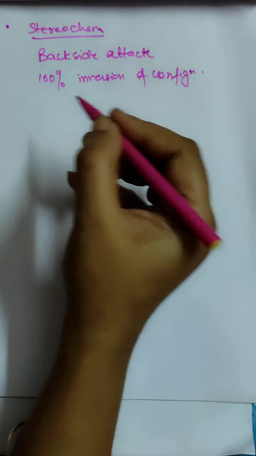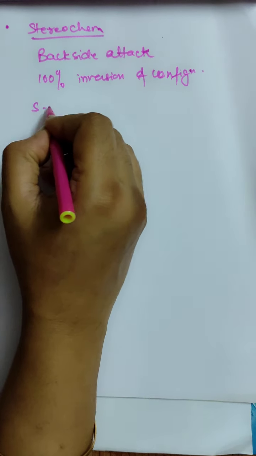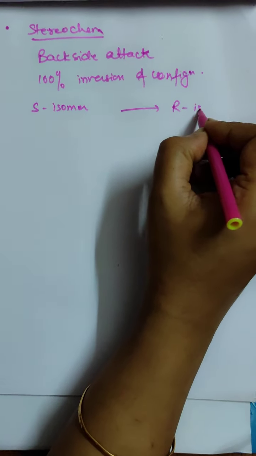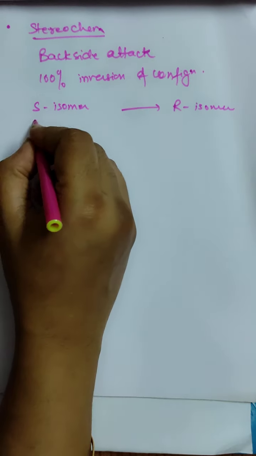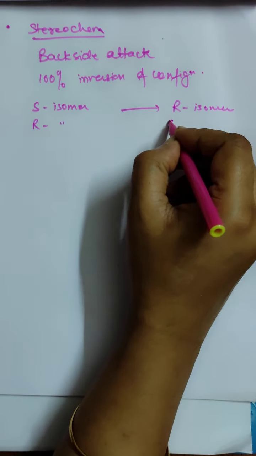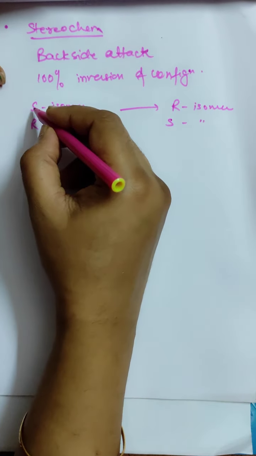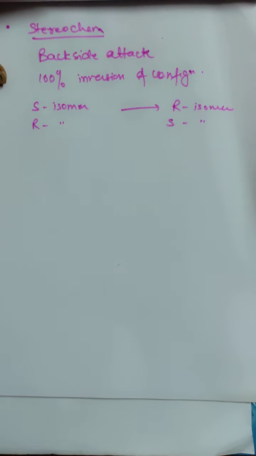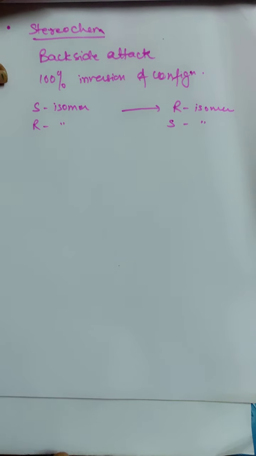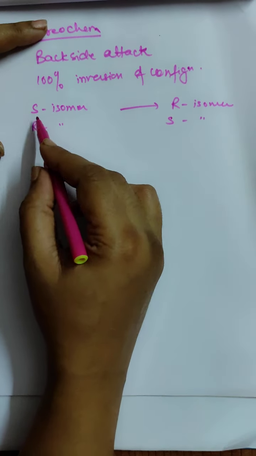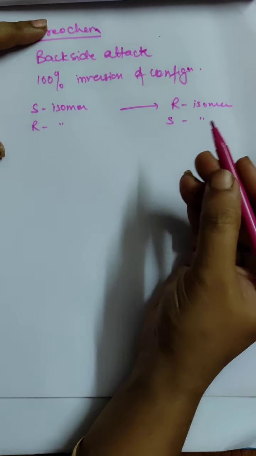That means if you are starting with an S isomer, then the final product will be an R isomer. If you are starting with an R isomer, the final product will be an S isomer. Hopefully if you understand R and S, it's good. If you don't, please comment, I'll explain it in my lectures. So there is a complete inversion here.